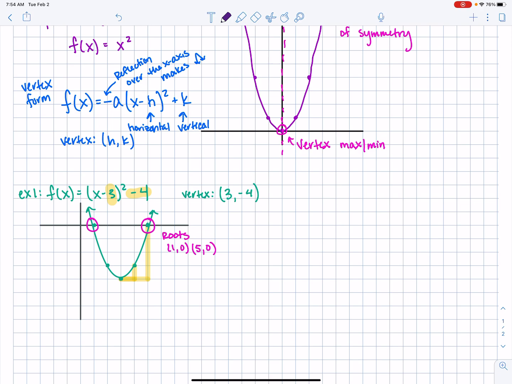So let's look at another example of that. We'll say example 2, and we're going to do g of x is equal to negative (x plus 2) squared plus 3.